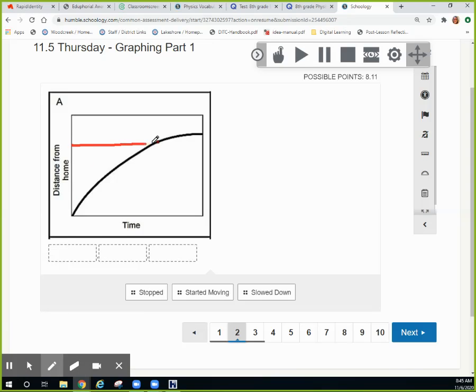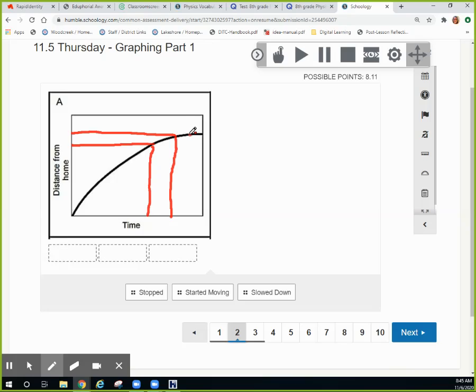So from this point to this point, that's as straight as it's going to get. Look how much his distance increased. It didn't increase by much, but the amount of time increased by quite a bit, okay? So good. He's slowing down right here, okay?